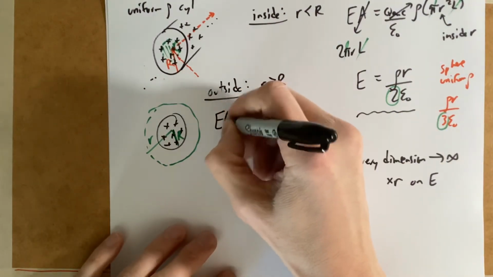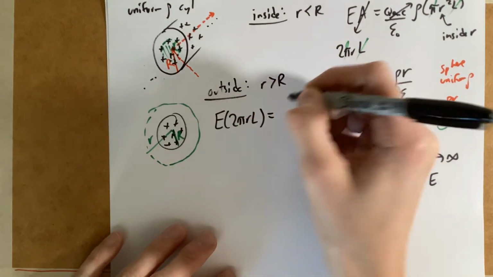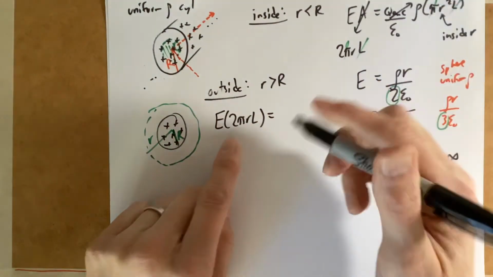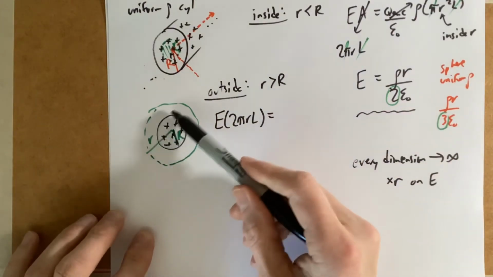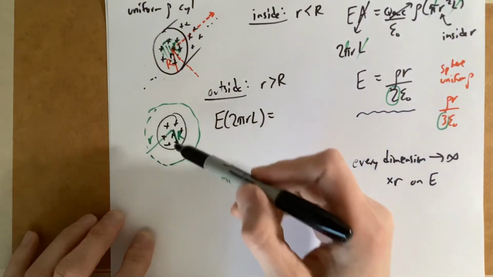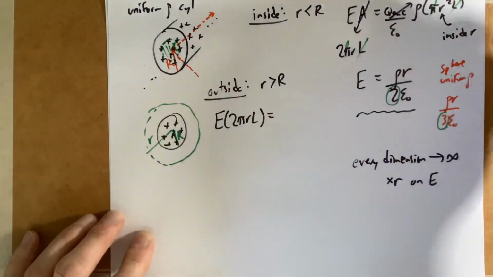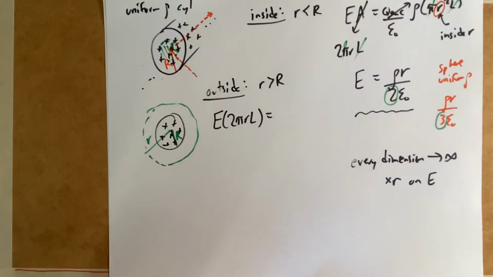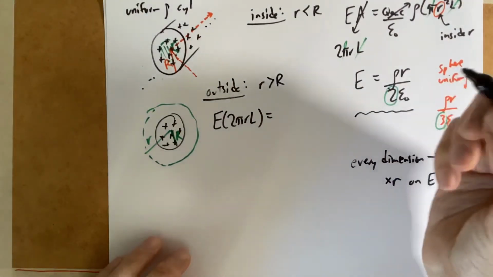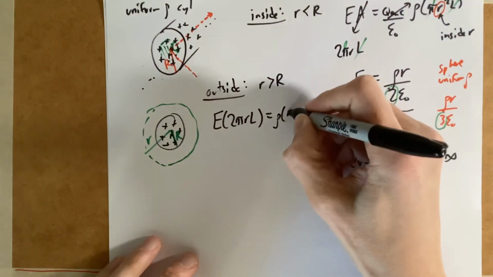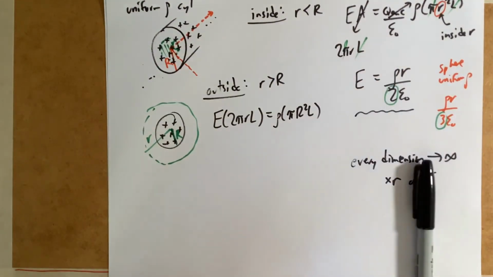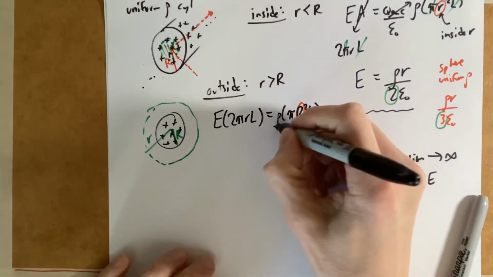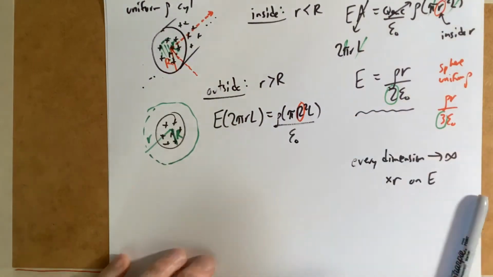So E times 2 pi rL, that's always the case over here. And then the only difference, of course, is that now charge does not reside in the entire volume of the Gaussian surface. It only resides up to capital R. And so the only difference, again, let me do it in a different color: instead of little r, it's going to be big R, okay? So rho pi big R squared L, that's there, and that's over epsilon naught.